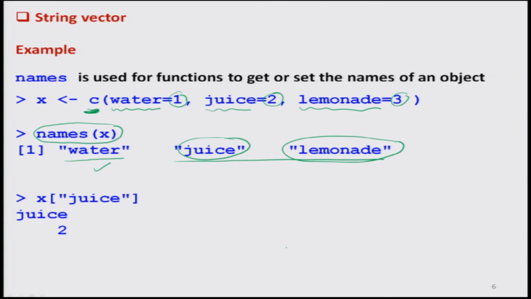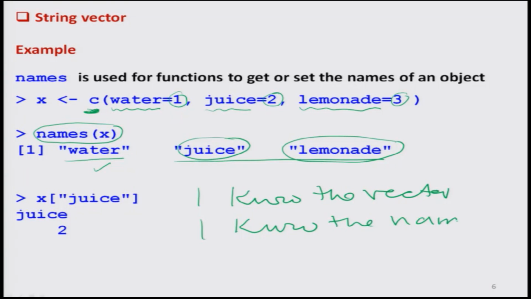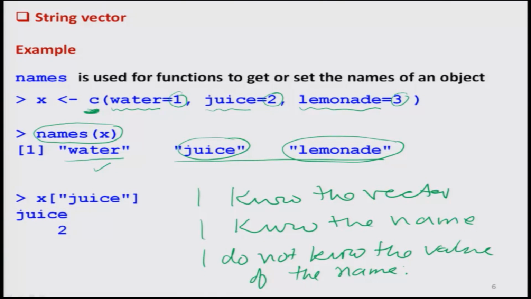Suppose someone has given me a vector and I know there is a name juice, but I want to know what the value of this name juice is. So my question is this: I know the vector, I know the name, what I do not know is the value of a given name.